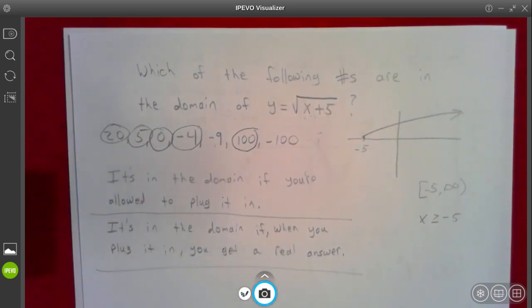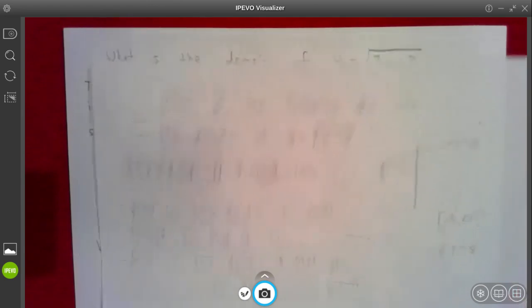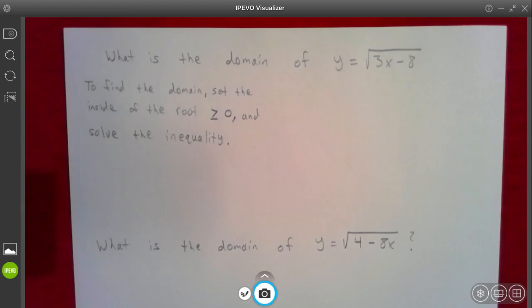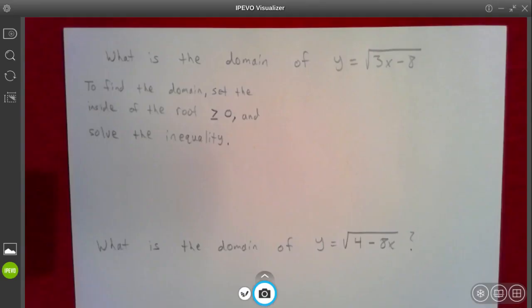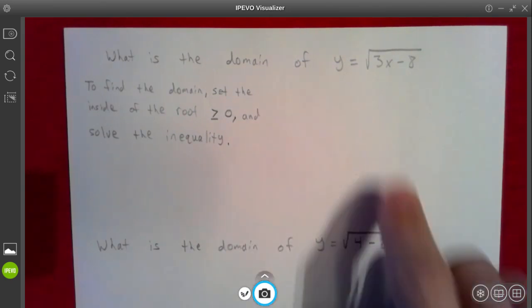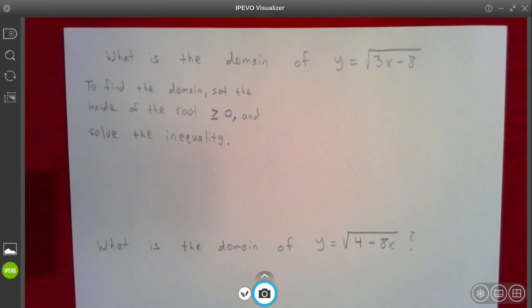So you actually can plug in negative 5. It gives you 0, and we are able to do the square root of 0. I'll finish this video off at this point, and we'll talk about how to find the domain of square root functions in a separate video.